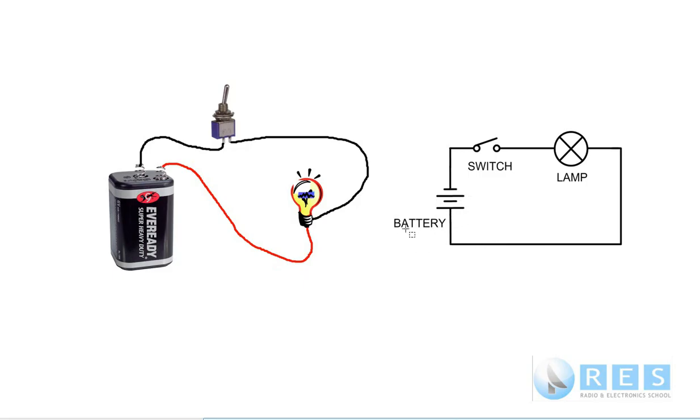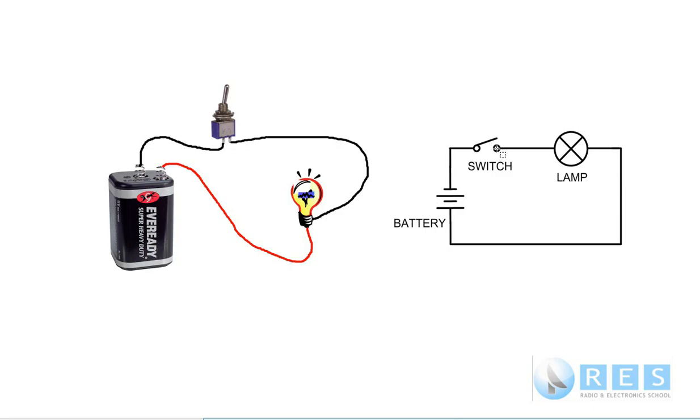You would not expect the word battery to appear there, or the word switch to appear here, or the word lamp. You would only just see this circuit without any labelling. We might have resistors with their resistance written on them and some other components. The battery voltage could be written here. So that's the equivalent circuit to the pictorial diagram on the left.